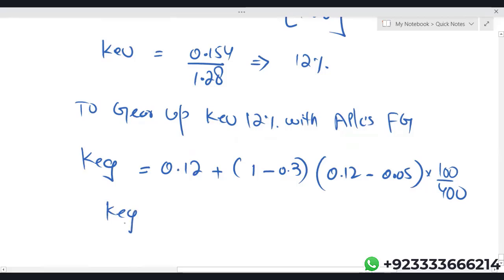Students, I'm getting KEG 13.225%. Please check, yes or no.